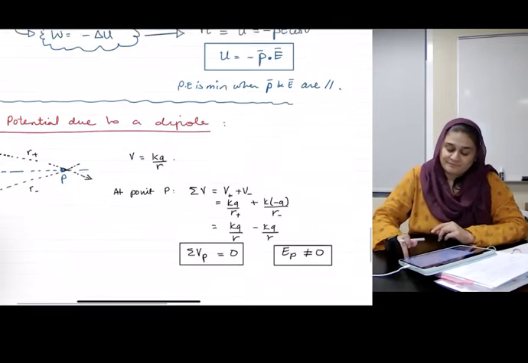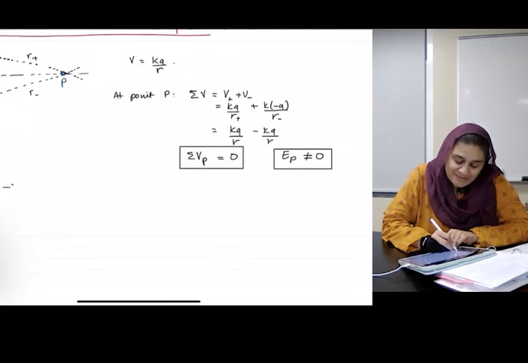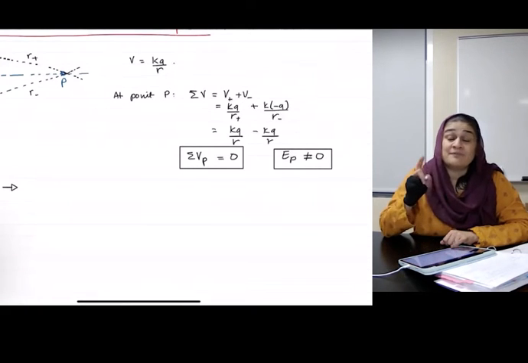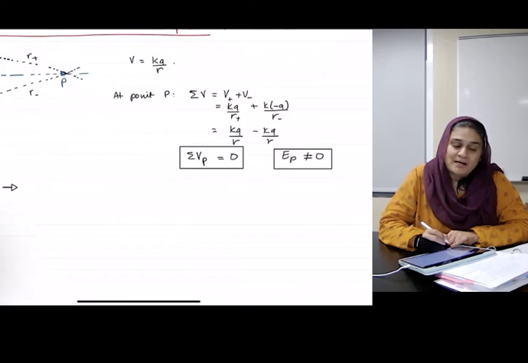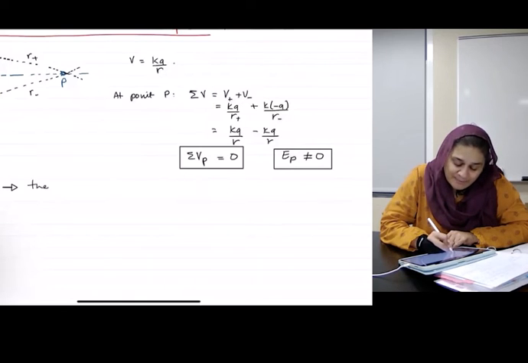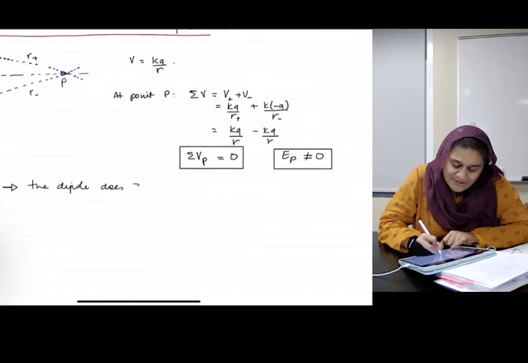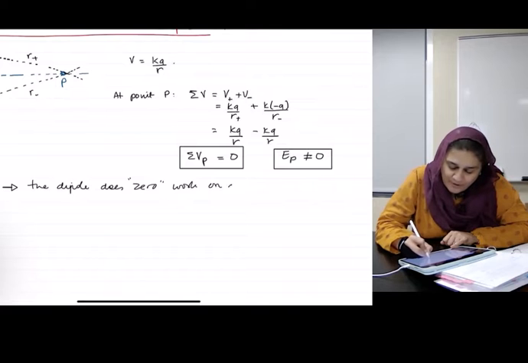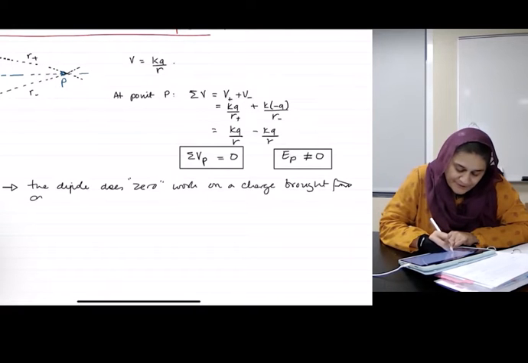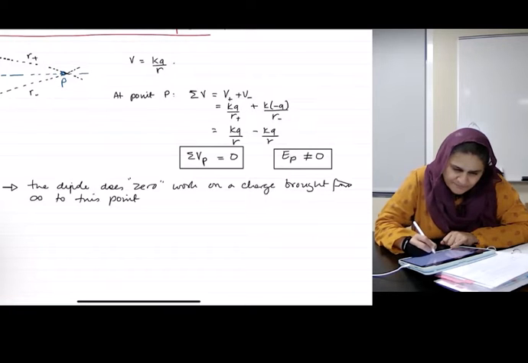Let's write that down. What I'm saying is, by saying that V, the sum of the potentials, is 0, what I'm saying is that the dipole does 0 work on a charge brought from infinity to this point in the XY plane.